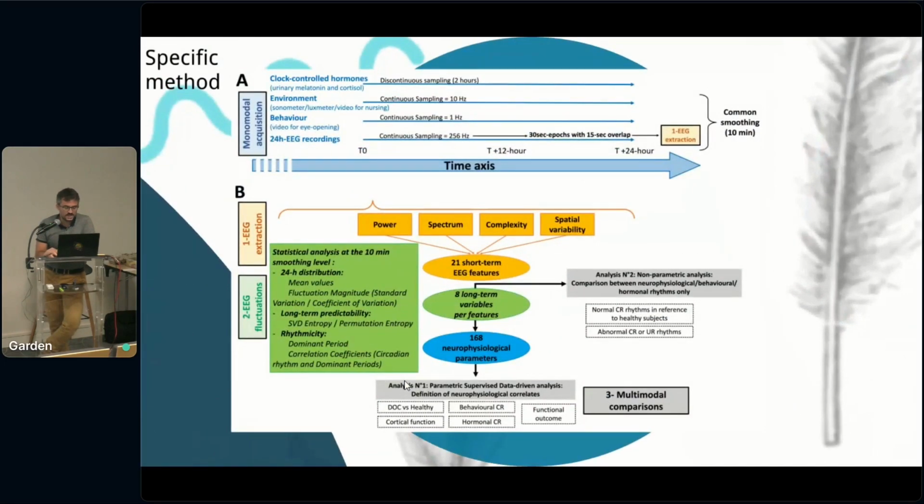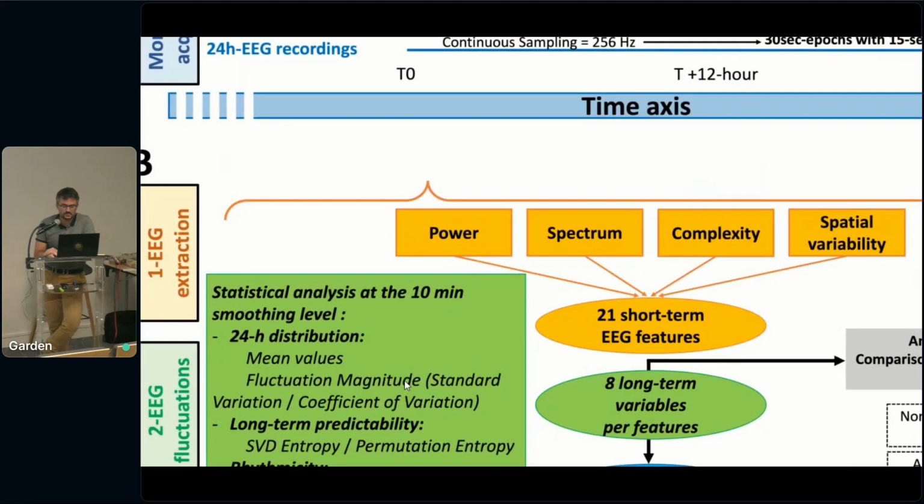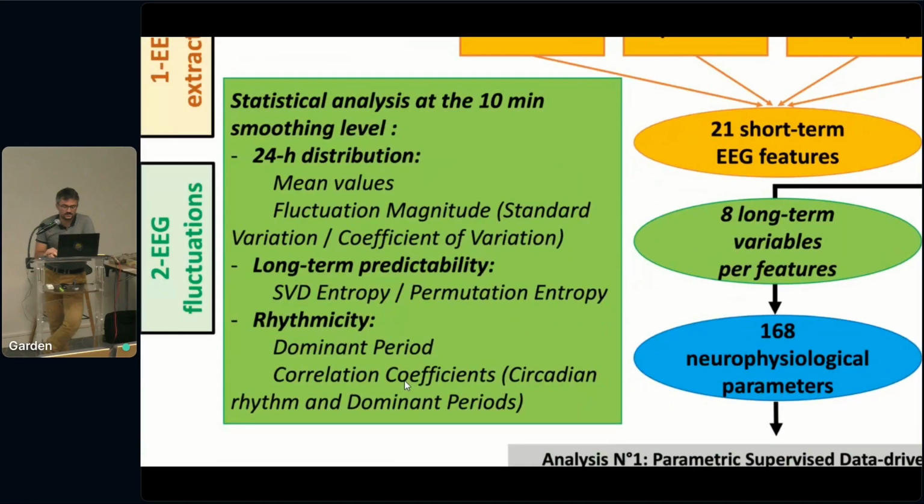not yet published. So if we summarize the first step of analysis, we had 21 short-term EEG features, which were developed in Python. Then we analyzed the long-term results with 8 long-term variables per feature. So we had a combination of more than 150 neurophysiological parameters.